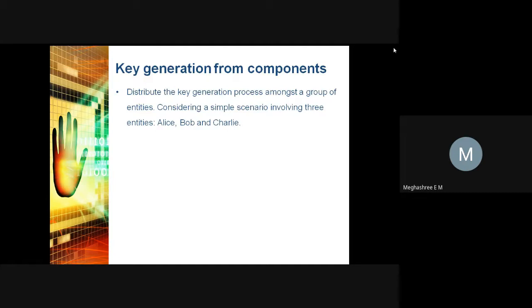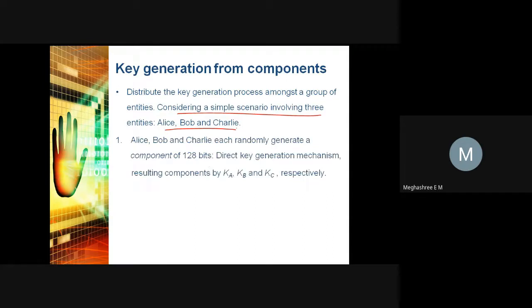Let's consider a simple scenario here. Consider a scenario where three entities are considered: Alice, Bob, and Charlie. Now assume that they want to generate a key of 128 bits.